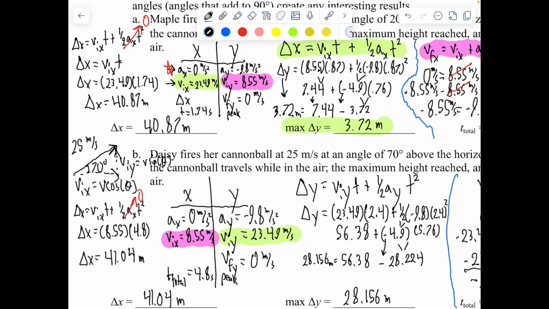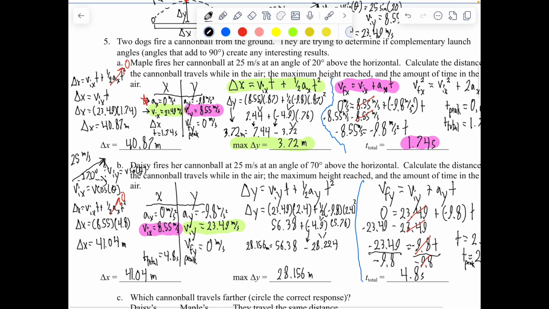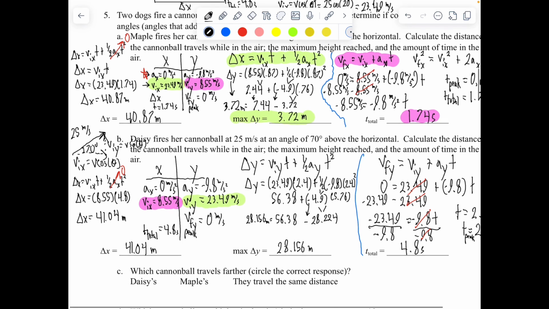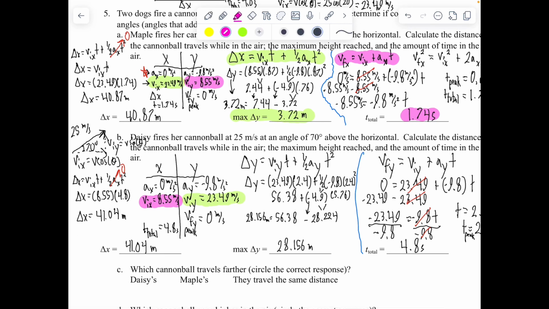All right. So here, something interesting we noticed is that when you're launching at complementary angles, those components of our velocities, velocity in the x, velocity in the y, they just flip-flop. So angles that add to 90 degrees. 20 and 70, they add to 90, they're complementary angles. Something else we should notice is right here, when we launched it at 20, it went 40.87 meters.